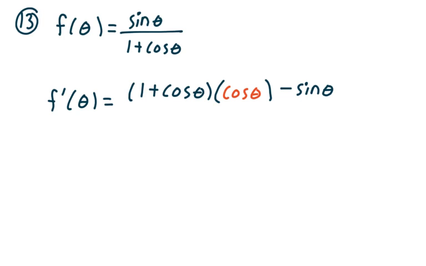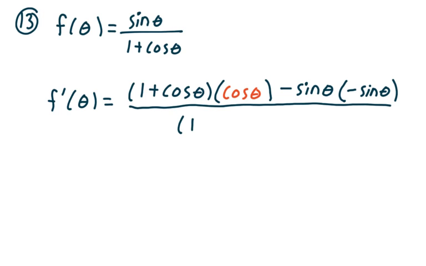And then I'm going to take the derivative of the bottom function with respect to theta. And the derivative of 1 is 0. The derivative of cosine theta with respect to theta is negative sine theta. So, and I'm going to go ahead and divide this by 1 plus cosine theta squared.